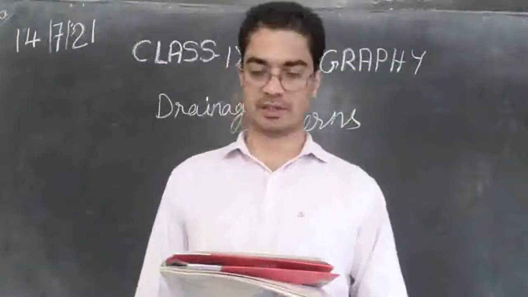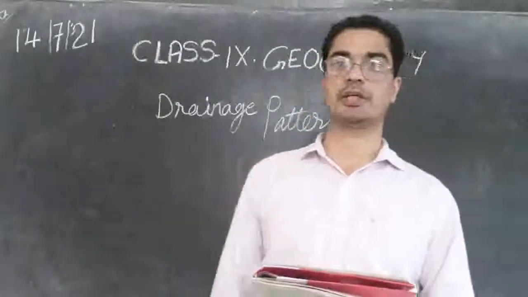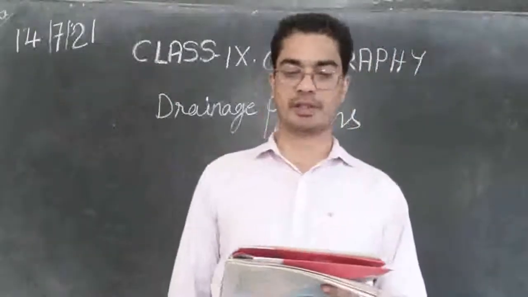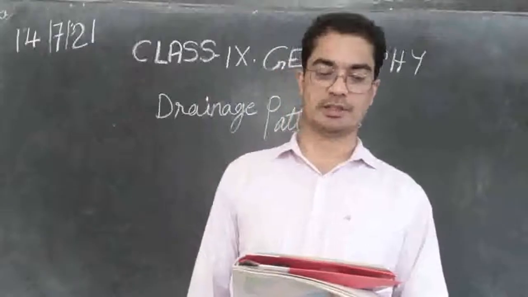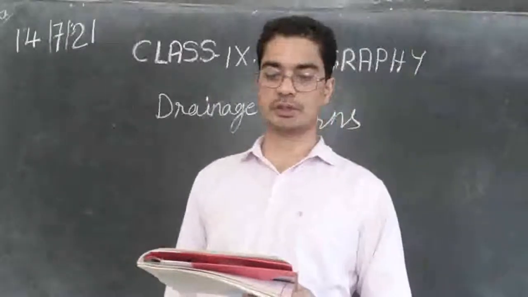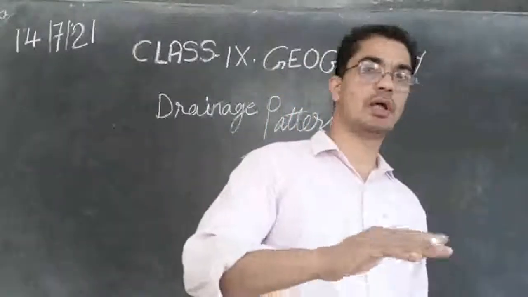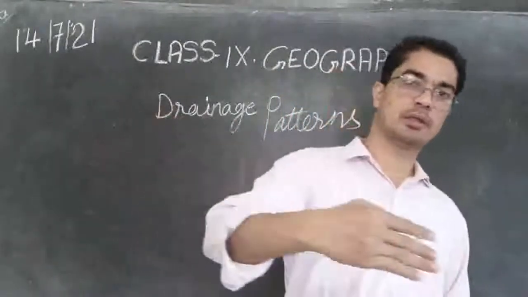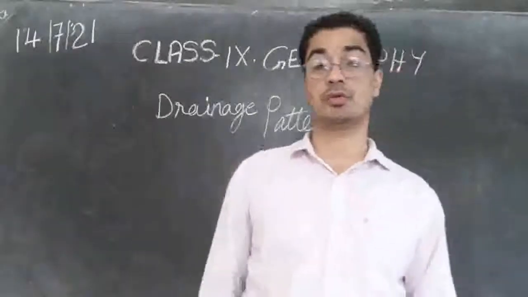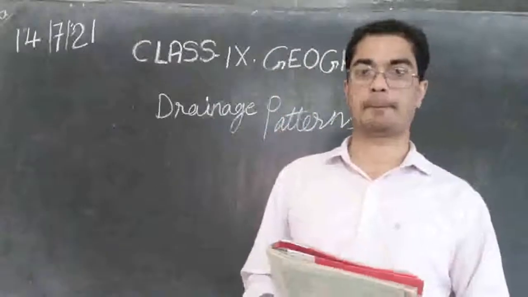What is dendritic? We can look at the picture in your textbook. The dendritic pattern develops where the river channel flows along the slope of the terrain. So the land has a slope and the water is flowing through that sloping place. Then it will be called a dendritic pattern.